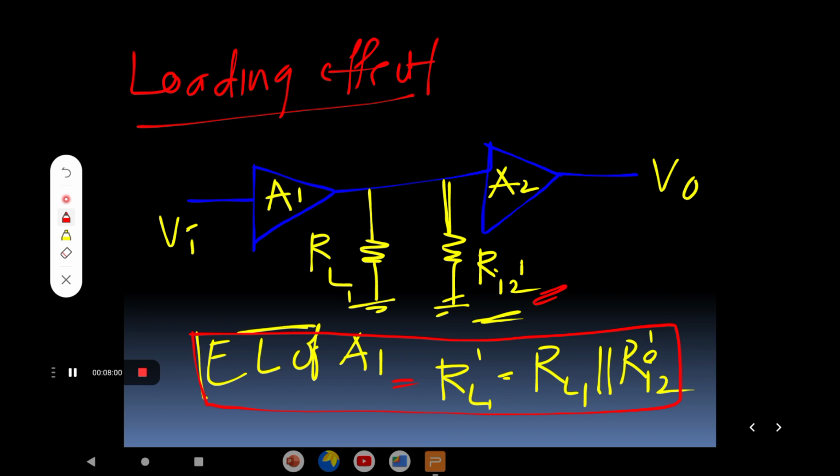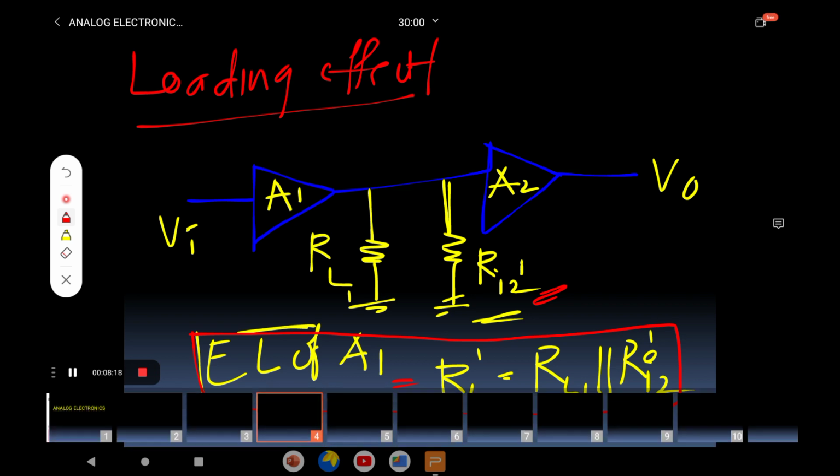Therefore, the new value of RL dash is the total resistance of the two parallel resistances, which gives the effective resistance RL dash of the amplifier.